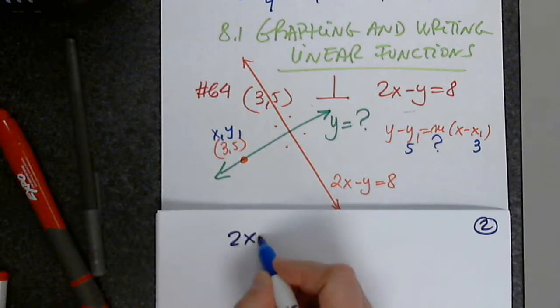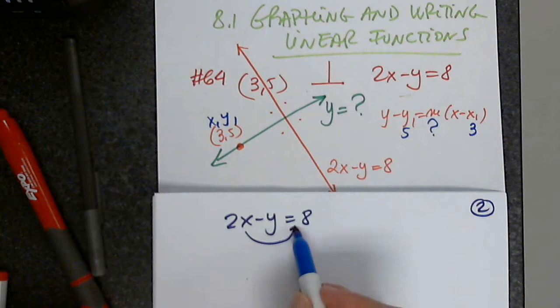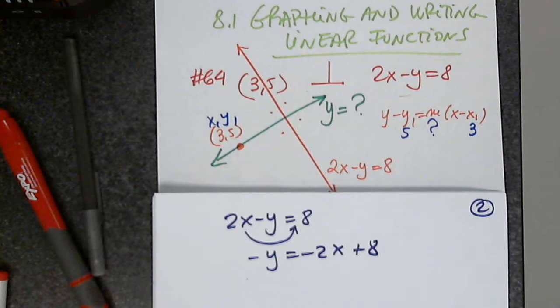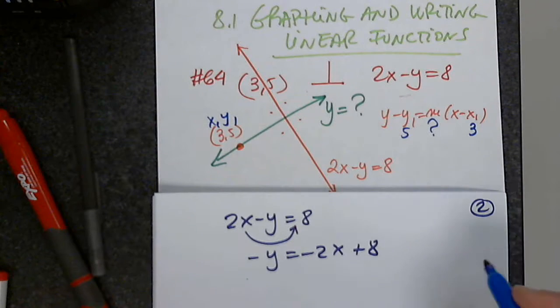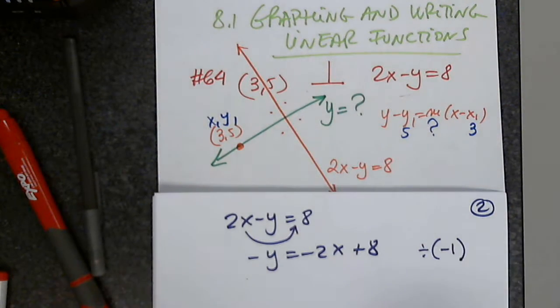So in the equation 2x minus y equals 8, I will move 2x in front of 8. So negative y equals negative 2x plus 8. And then divide both sides, or multiply, in this case it is the same, by -1. And it has to be term by term. This divided by -1 is y, this divided by -1 is 2x, and this divided by -1 is -8.